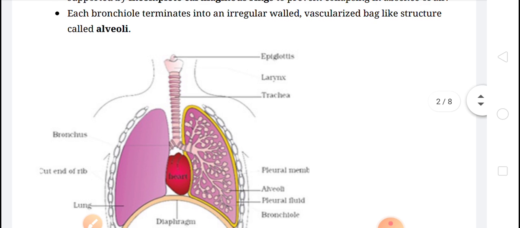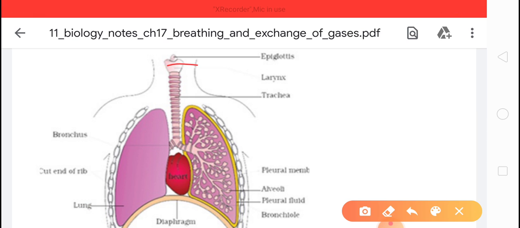You can see in the diagram the structure, larynx. Children, the larynx is a cartilaginous box which helps in sound production. Sound is basically produced by the larynx because it is a sound box.